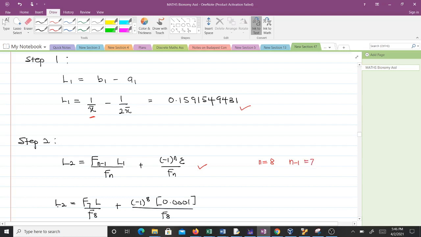So we will have L2 be equal to F7 L1 over F8, because n is 8, then plus minus 1 to the power 8, then epsilon is 0.001, over F8. But note that this is L1.